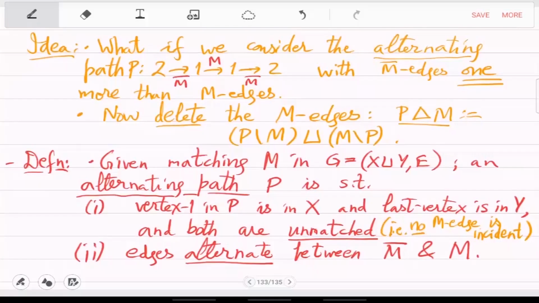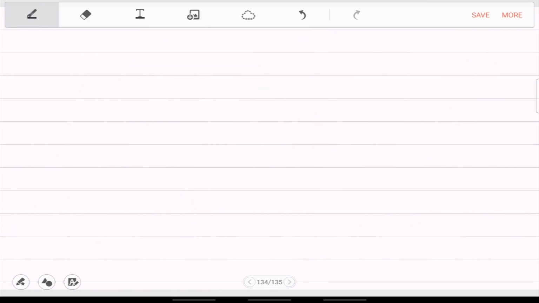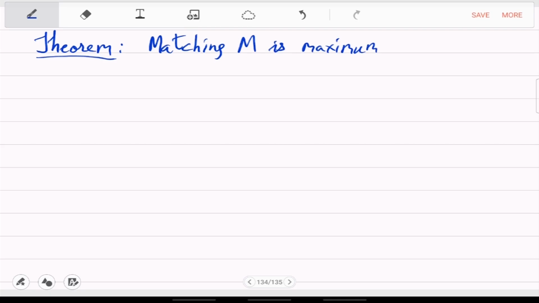So what is the big theorem coming up? The theorem will say that a matching is maximum in the graph G if and only if there is no alternating path.